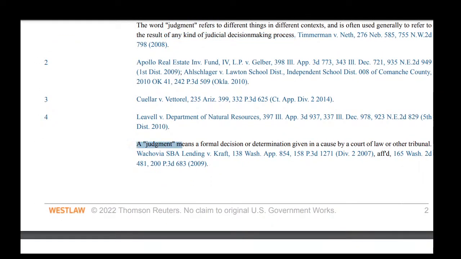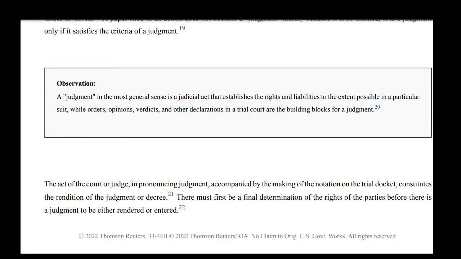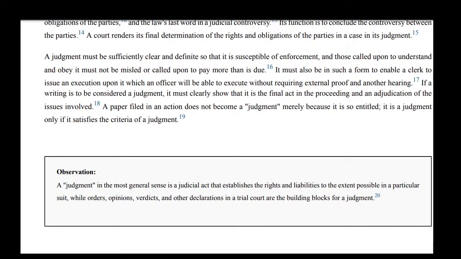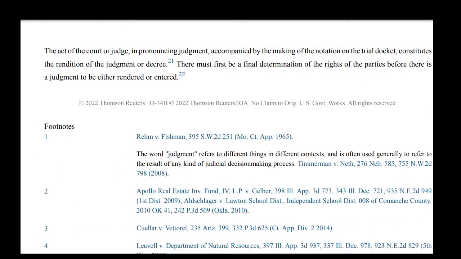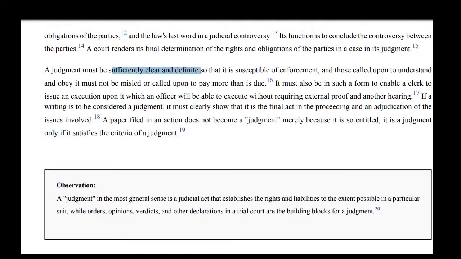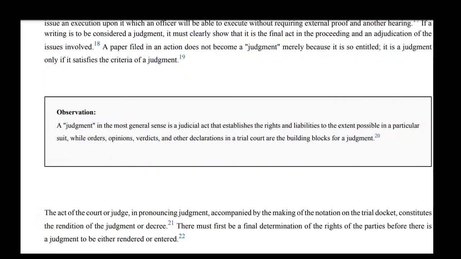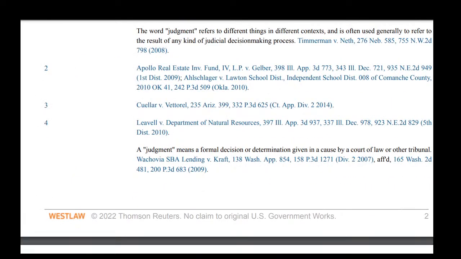Okay, and then we have a judgment means a formal decision. A formal, going through a form, the decision or determination. Remember the clarity that needs to be one of the criteria of it, right? Sufficiently clear and definite. And this was actually from footnote 16, which we'll get to soon.